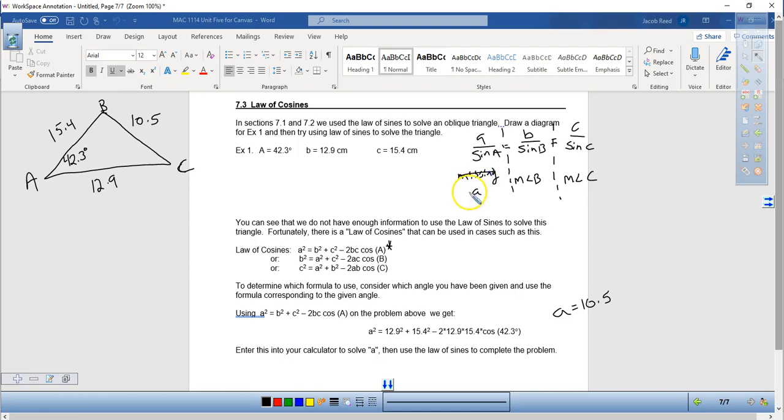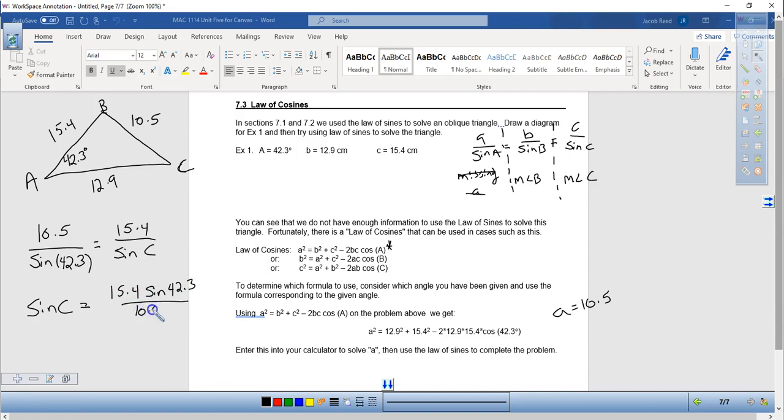Now that I have this, I'm not missing little a anymore. I now have a complete set of A, which means I can find B or C. In this case, I'm going to go with C because it's the largest angle. So I'm going to go ahead and find it. So we have 10.5 over sine of 42.3 equals 15.4 over sine of C. And that means we know that sine of C is going to be equal to 15.4 sine of 42.3 all divided by 10.5.